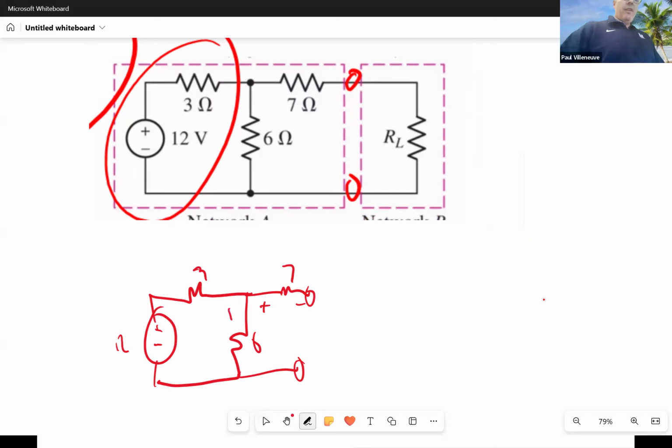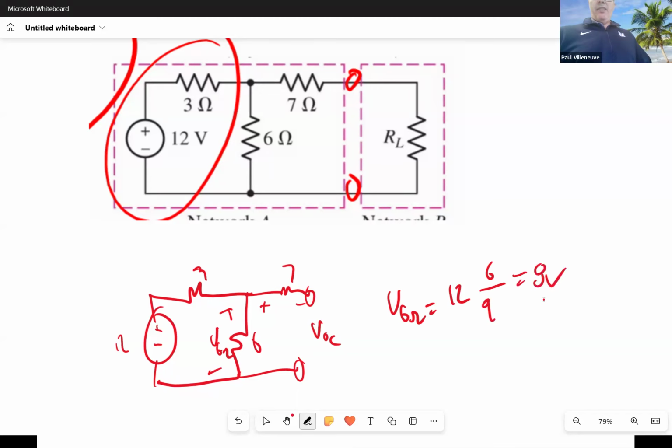So this voltage here, V6 ohm, is the open circuit, isn't it? So if you can quickly look at that circuit, I can see V6 ohm is 12 times 6 over 9. Isn't that equal to 8 volts? I can do that in one step. Don't have to do a lot of additional work.